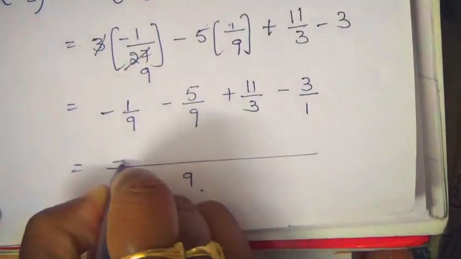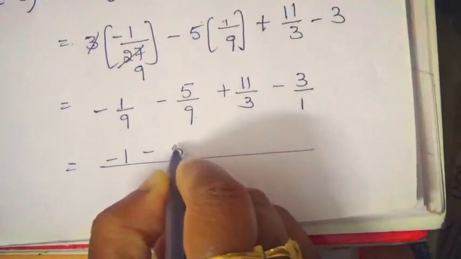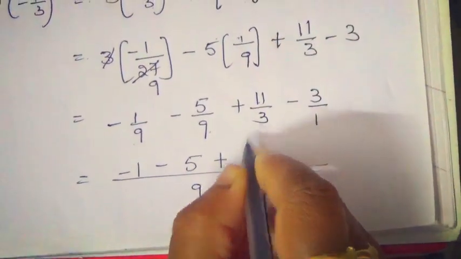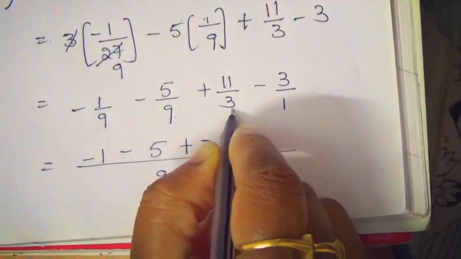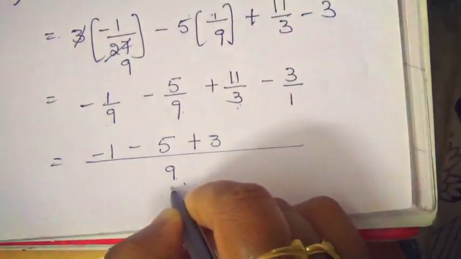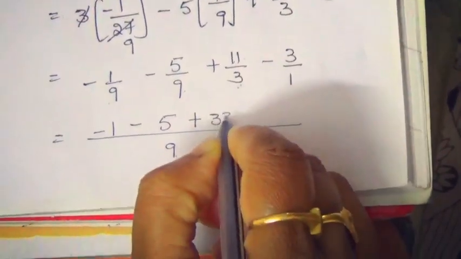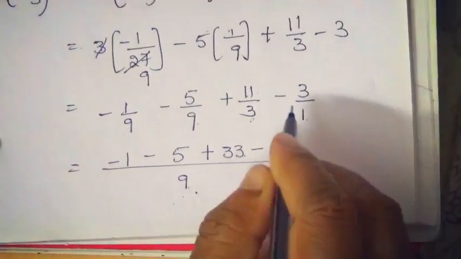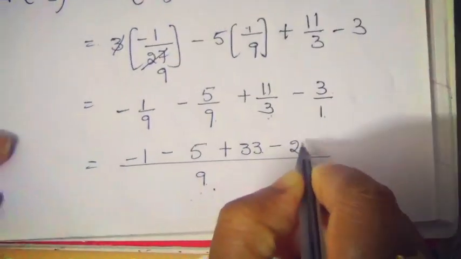So 1 time minus 1, minus 5, plus 3 times 11 is 33, and in 1 table 9, 1 time, 1 into 3 is 9, 9 times 3 is 27.